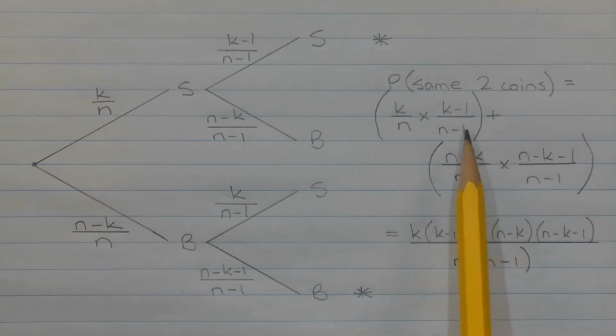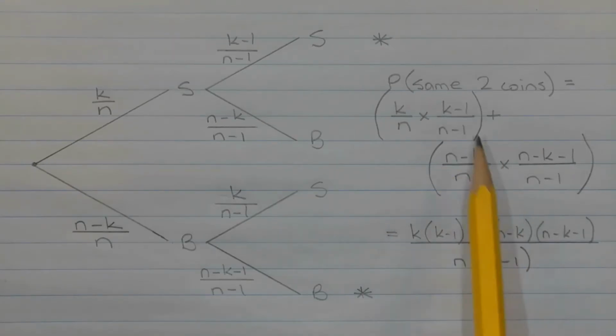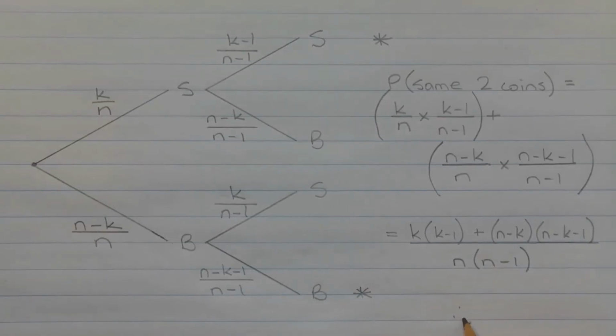Now we have a common denominator here, which is n times n minus 1. So combining the two fractions together, we get k times k minus 1 in brackets plus n minus k in brackets times n minus k minus 1 in brackets over n times n minus 1 in brackets. Therefore, the correct answer is option A.